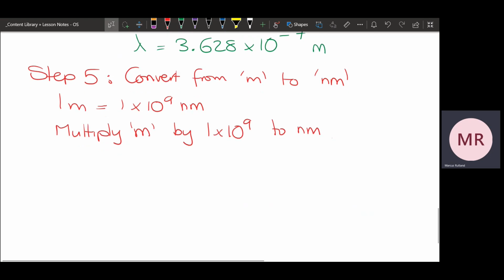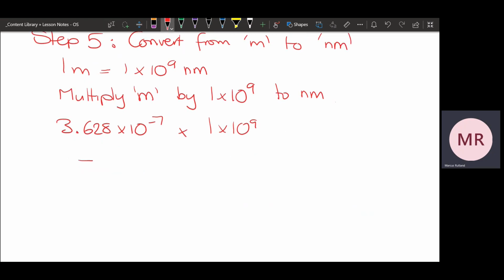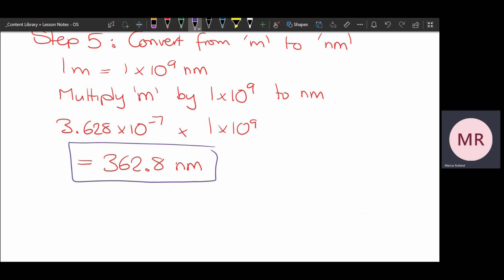If we take our 3.628 times 10 to the minus 7 and multiply it by 1 times 10 to the 9, I shouldn't really need to put this through the calculator, but I will, just to avoid panic in my brain. That is equal to 362.8 nanometers. And there, at the end of all that, is your final answer.